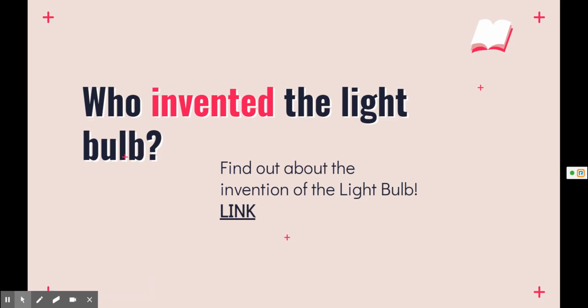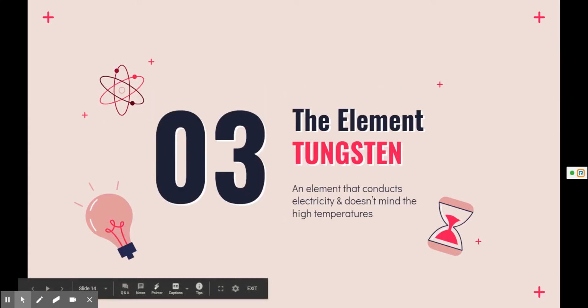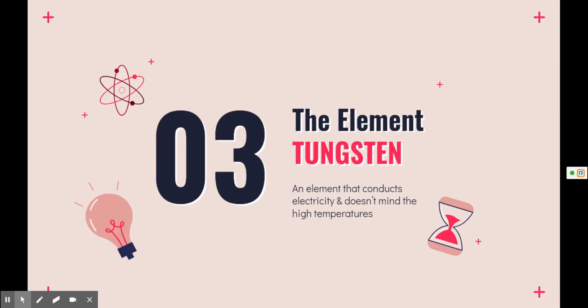Who invented the light bulb? Explore with this link and find out about the invention of the light bulb. 3, the element tungsten, an element that conducts electricity and doesn't mind the high temperatures.